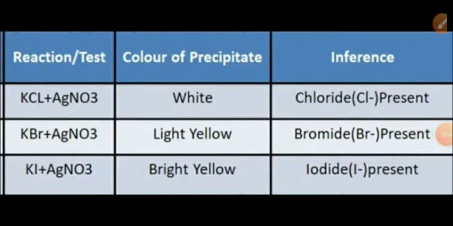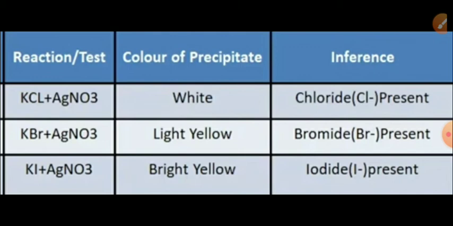You can see here, children, this table. KCl, that is potassium chloride, plus AgNO3, that is silver nitrate. Which color precipitate is formed? White color. What inference do we come to know? That chloride is present. Second one is KBr, potassium bromide, plus AgNO3. When they react, a light yellow color precipitate is formed.